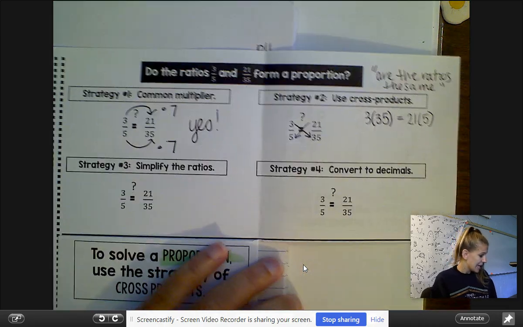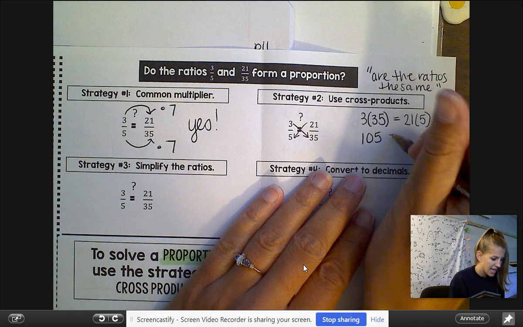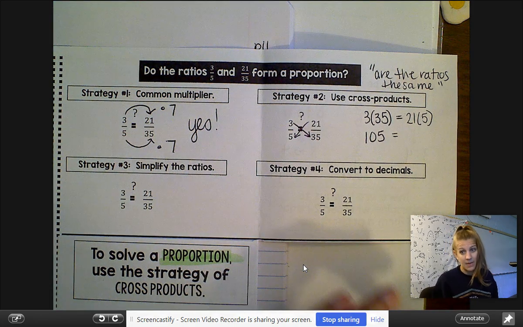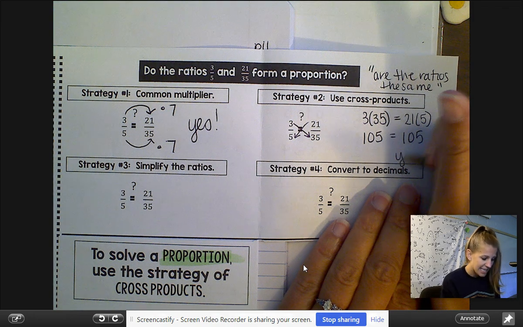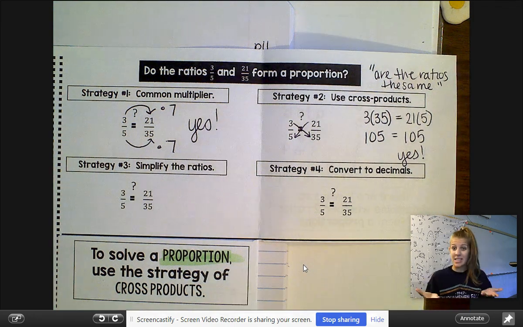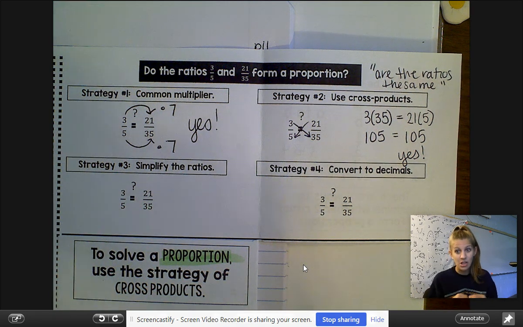So 3 times 35 is 105, and 21 times 5 is 105. So yes, because 105 is the same as 105. So again, I have proved that they are proportional. They are the same ratio.